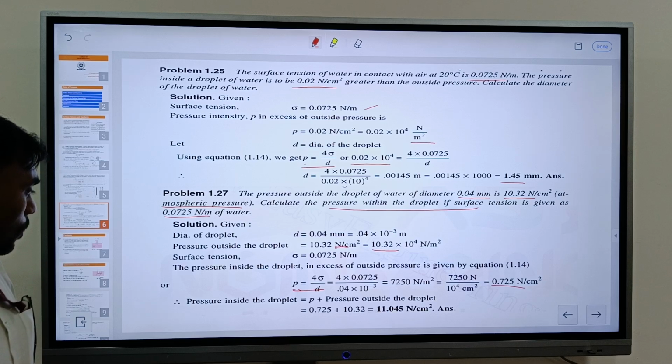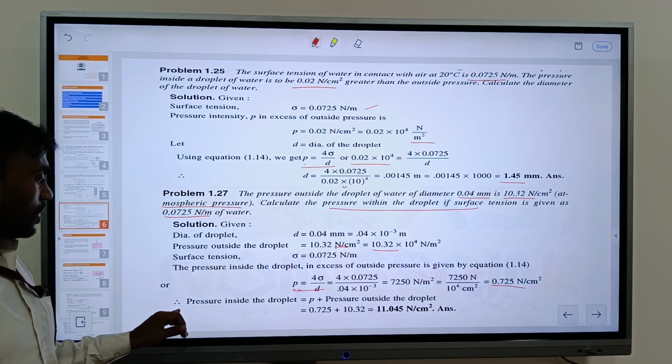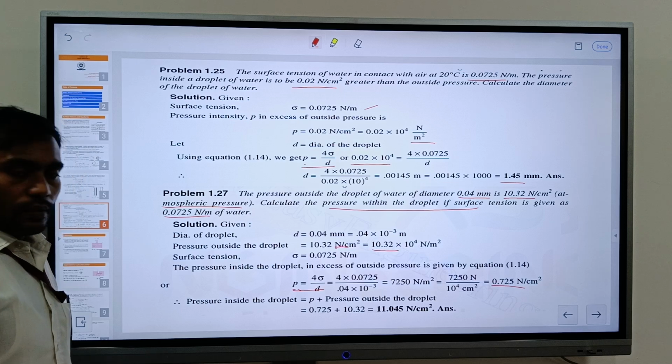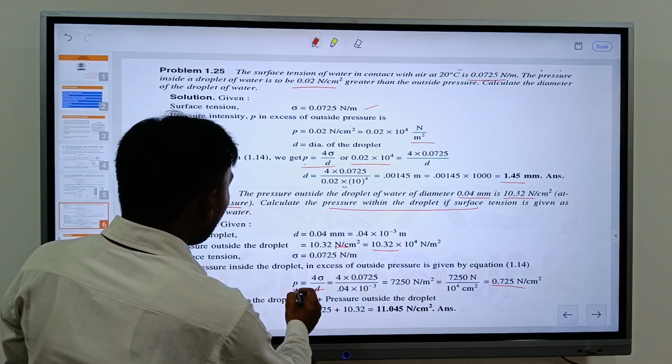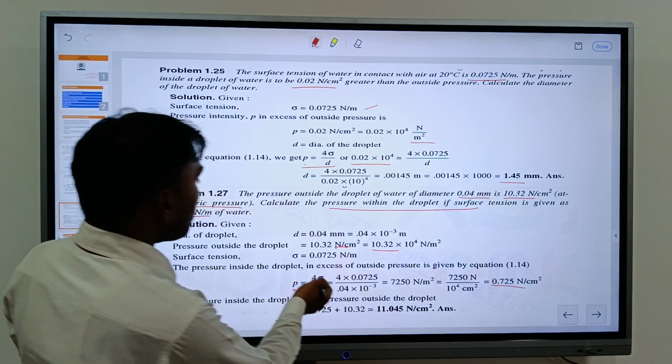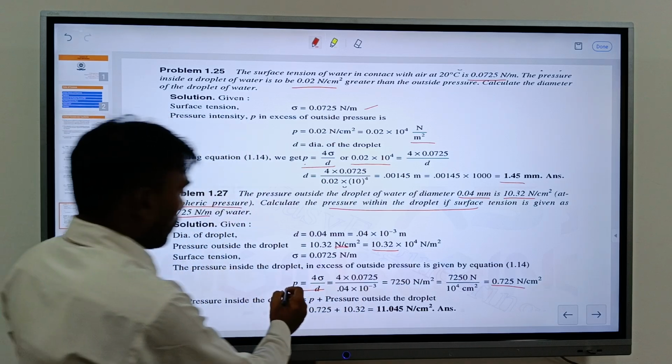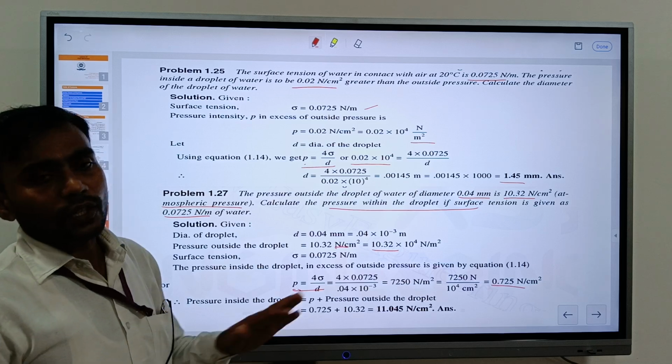Okay. So what is the pressure inside the droplet? It will be equal to the pressure intensity due to the surface tension plus the pressure outside the droplet.